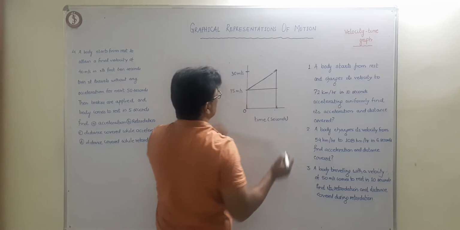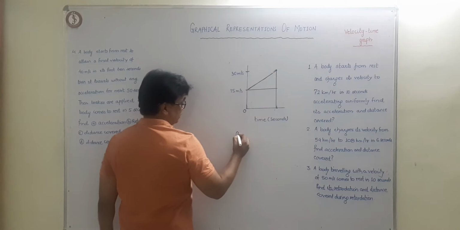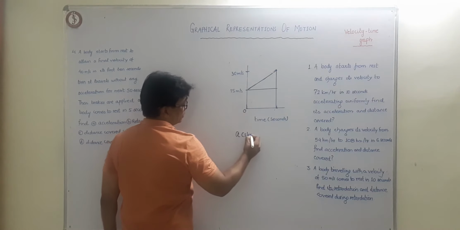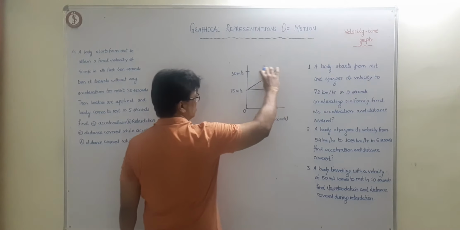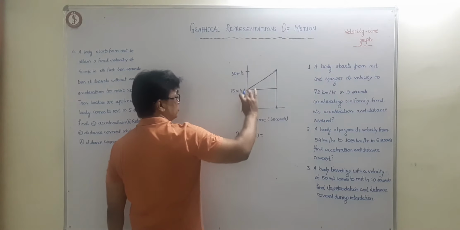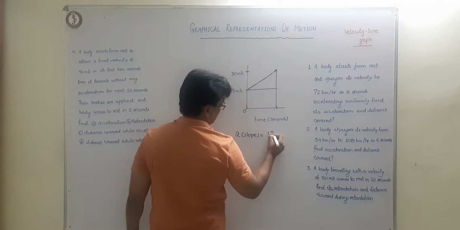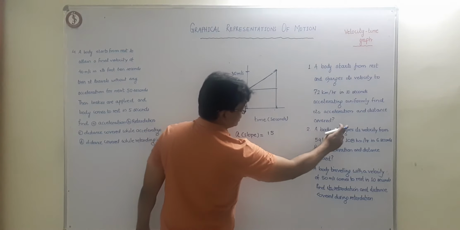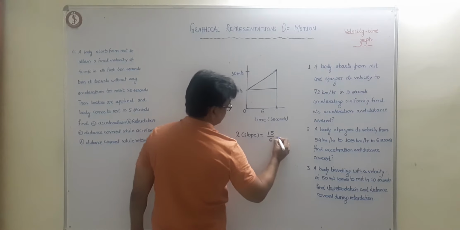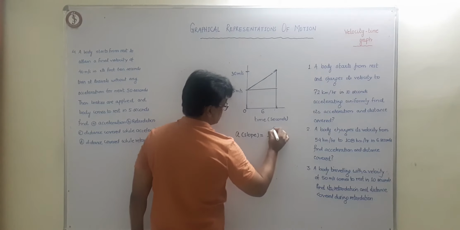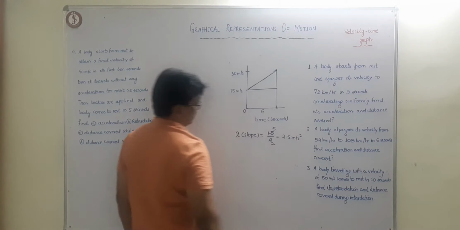The slope will be perpendicular by base. From here to here it's 15, from here to here it is 30. So 30 minus 15 is 15, and the time is 6 seconds. So this is 2.5 meter per second square, the acceleration.